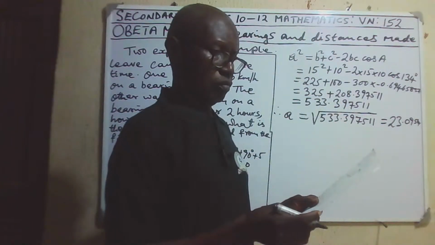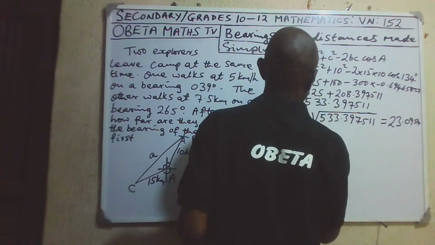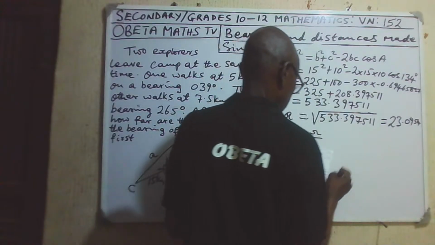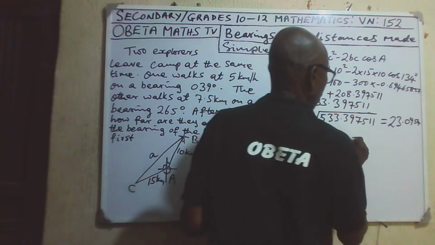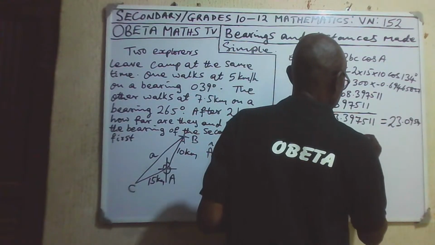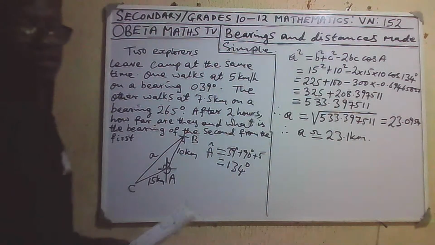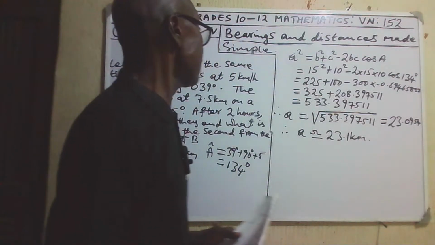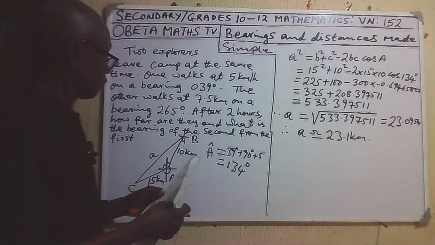That should be approximately, a is approximately equal to 23.1 kilometers. Okay, so we have succeeded in getting the distance from B to C.